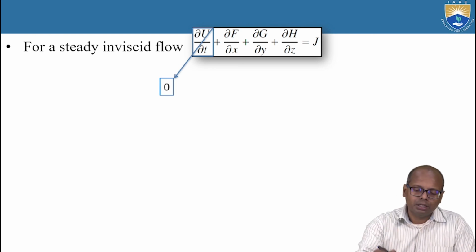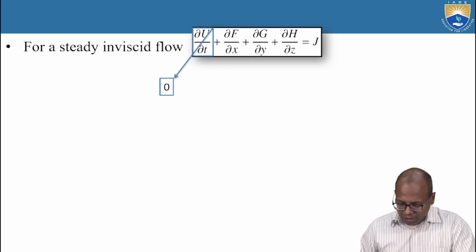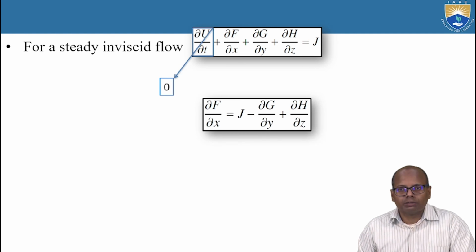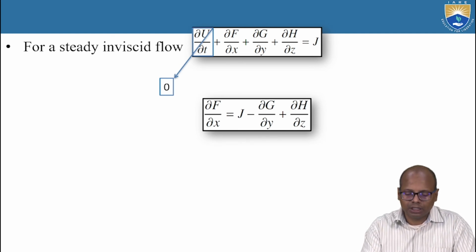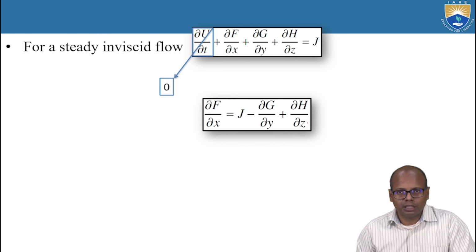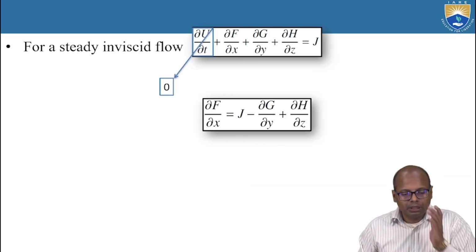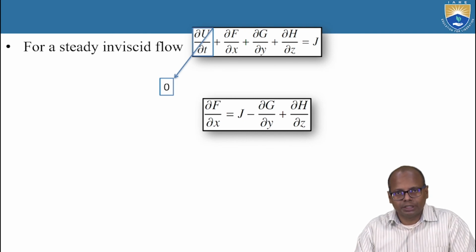Steady means the term dou U by dou t becomes 0. If I eliminate this, the equation becomes further simplified. Dou F by dou x equals J minus this. I can write it this way or sometimes in this manner also. So this is about steady inviscid flow.